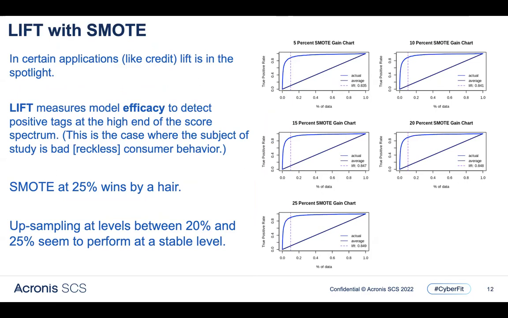And those predict how many we can catch at the high end of the spectrum, so that the probability of being a vulnerable function is high. And the lift measures it against the uninformed predictor, which is just the diagonal line in the picture.